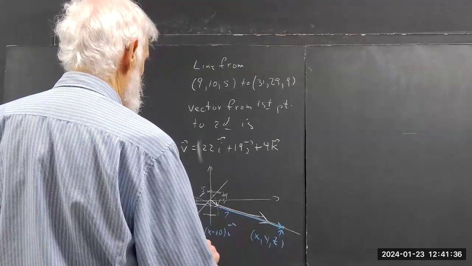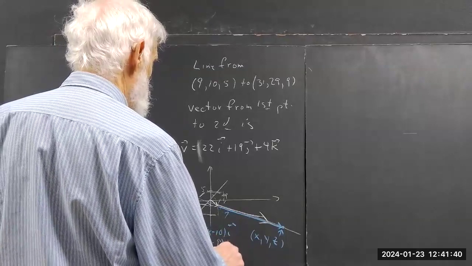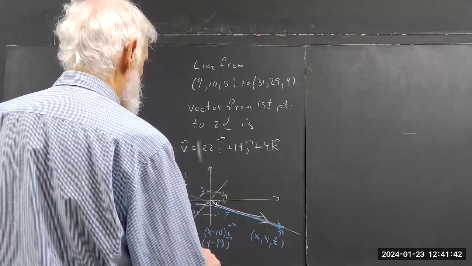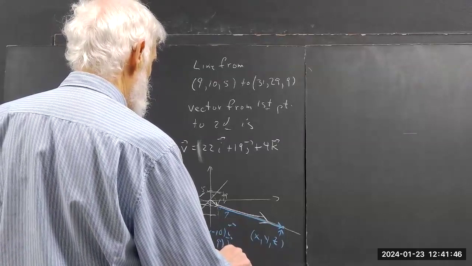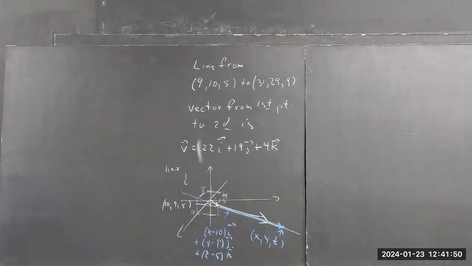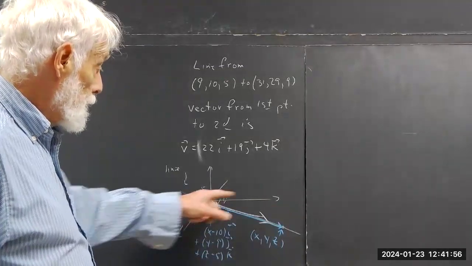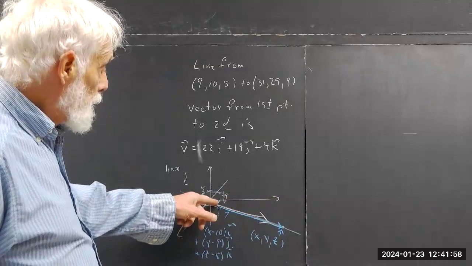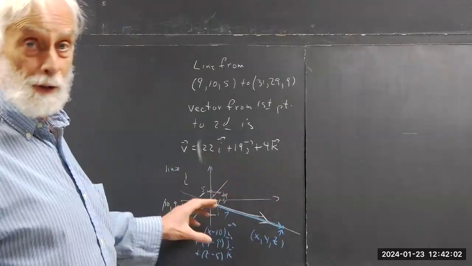It's (x minus 10)i plus (y minus 9)j plus (z minus 5)k. Okay, everybody with me? Because how far do you have to go in the X direction to get from here to there? Well, you're already at X equals 10, you've got to go out to X, so you go X minus 10 units, right?